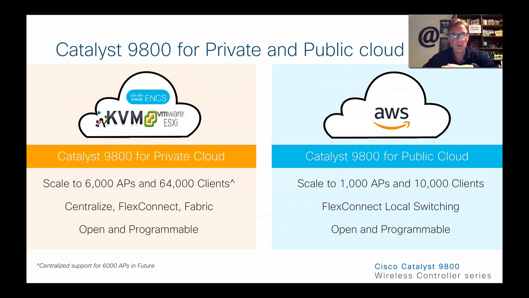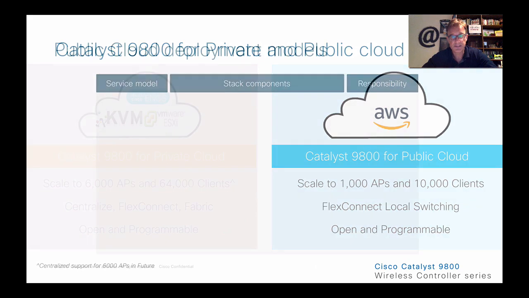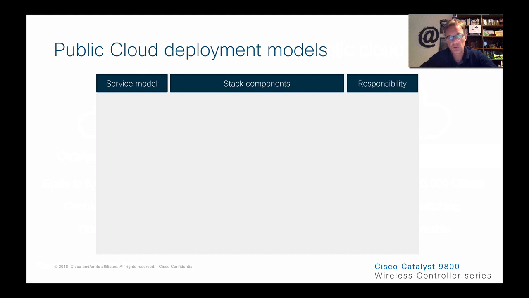So in this video, I'm going to concentrate, as I said, on the deployment in the public cloud. And in order to understand where we play with this new controller in the public cloud, let me quickly recap all the different deployment models that are available in the public cloud. And here I want to highlight what each of these models provides and how the responsibility is split between the cloud provider and the customer using that cloud service.